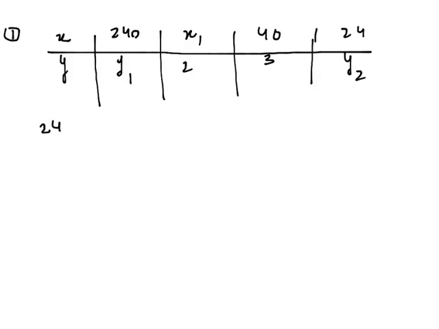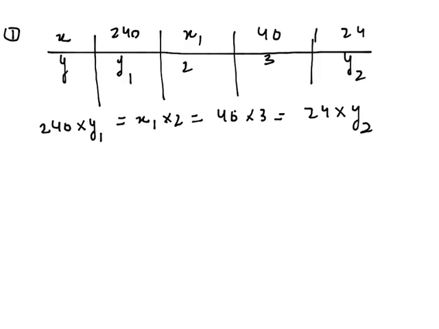That means we can equate the products of x and y: 240 times y1 will be equal to x1 times 2, which will be equal to 40 times 3, which will be equal to 24 times y2. Now here we can equate each of these variable-containing terms with 40 times 3. 40 times 3 will be 120.